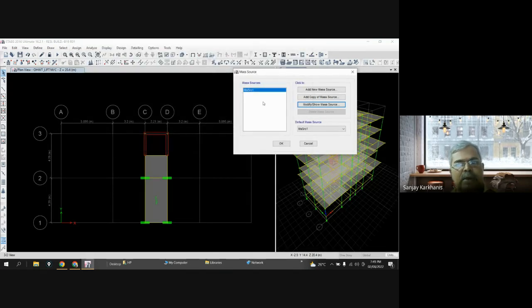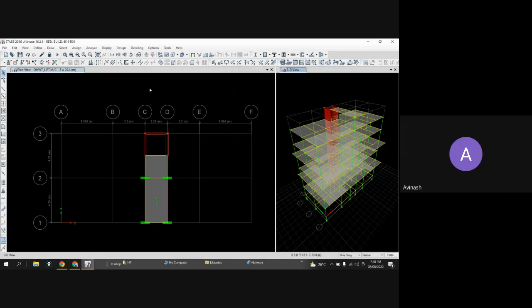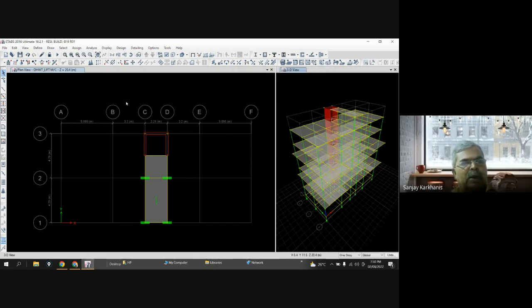So the mass source that you have converted as per your choice, or you may create your own additional name, not necessarily this, but normally I used to change into this only. Clear? Yes, sir.